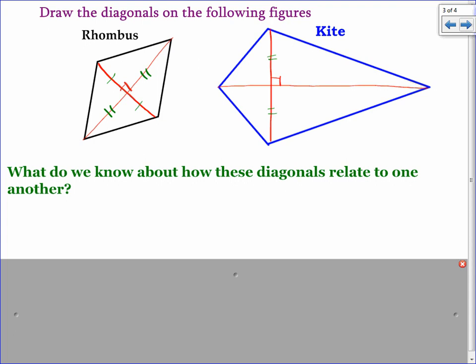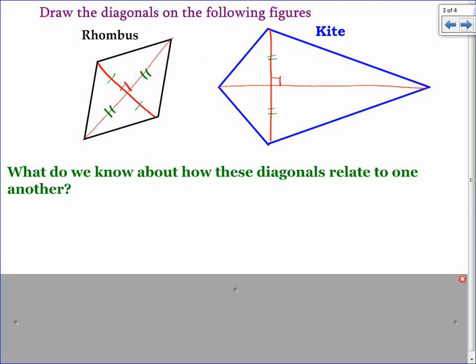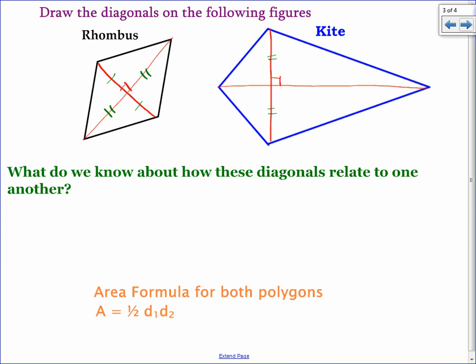There's some stuff about angles, but we are more focused on the lengths of the diagonals. So the area formula, 1/2 d1 d2. Again, we've seen that this year, and it will be on your formula sheet, but you need to remember that that formula is linked to rhombuses and kites. So we're going to try a couple of problems on the last slide before we get to the homework.